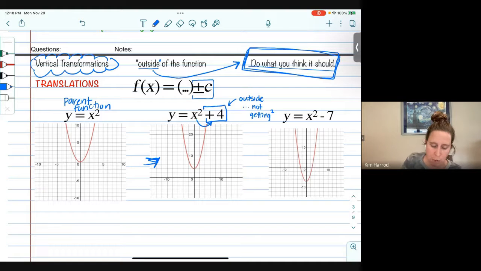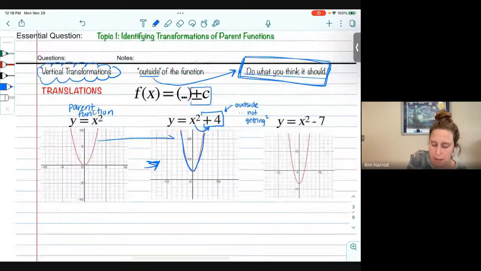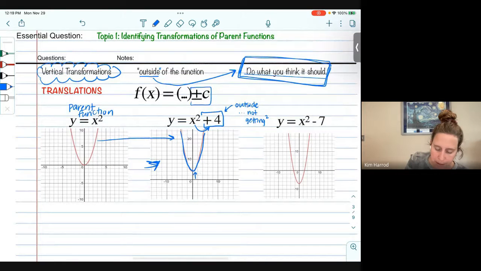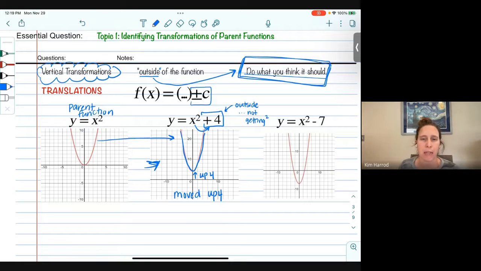And what do we see in the graph? We see that this same exact shape right here has been shifted up 4 spaces. So what did that +4 do? It moved the graph up 4. That's what I mean when I say it does what you think it should.